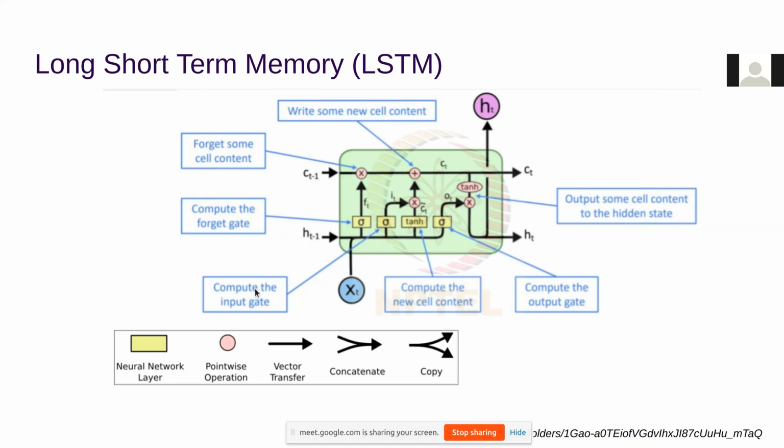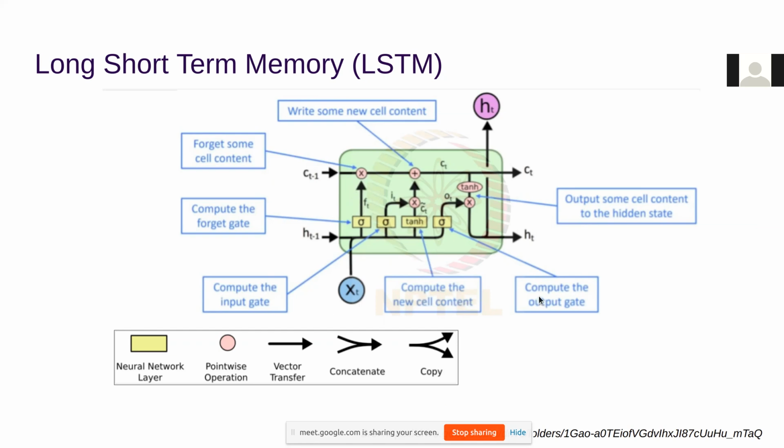Similarly, we have the input gate here, which will help in retaining the information from the current input into the cell state. Okay, and that will help in computing the new cell content. And the final cell content will be some combination of the previous cell content and the current new cell content. And this ratio will be maintained by the output of this forget gate.